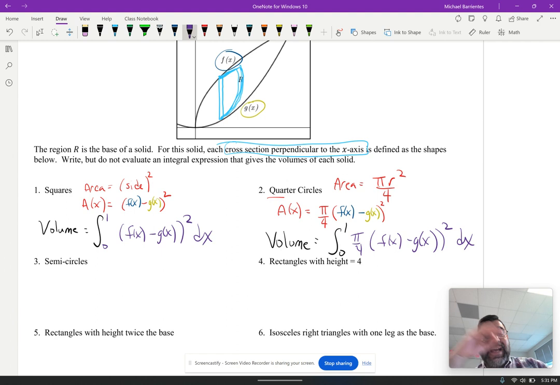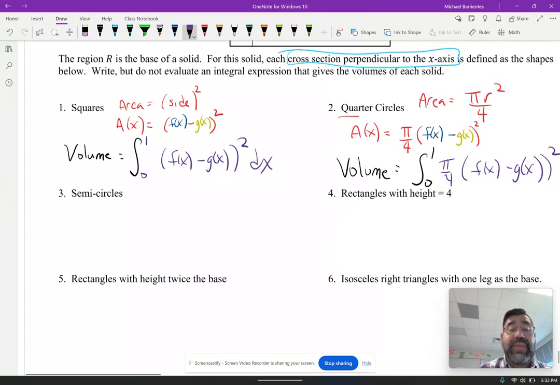Now, I like number 2 because it makes us think, what exactly is this representative rectangle measuring? Well, in the case of number 2, if I'm drawing quarter circles, that is measuring the radius. But be careful, because when I get to number 3, now I need semicircles. Okay, so let's set that formula up.